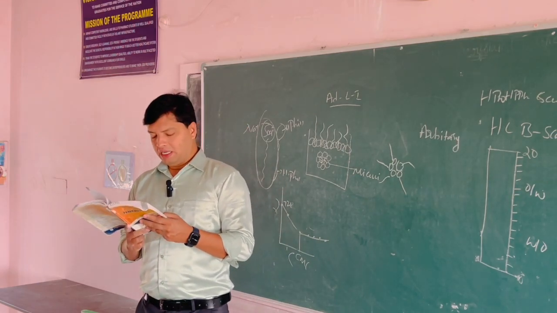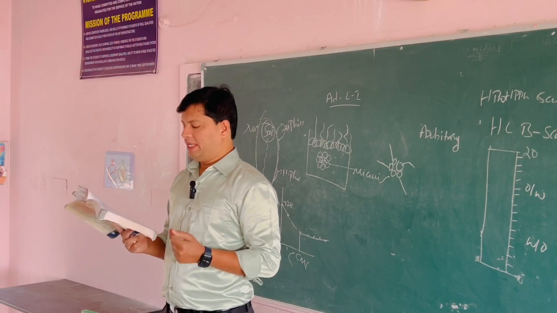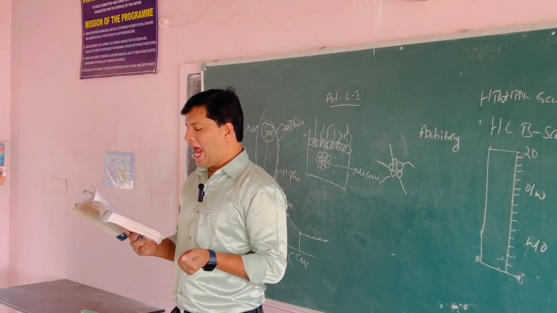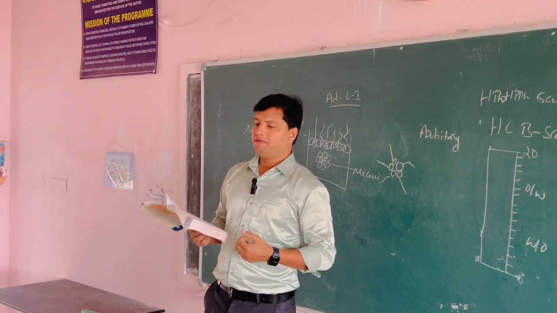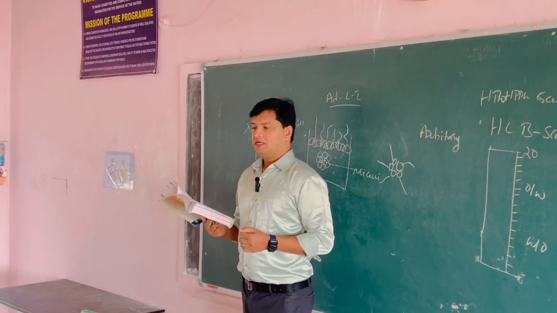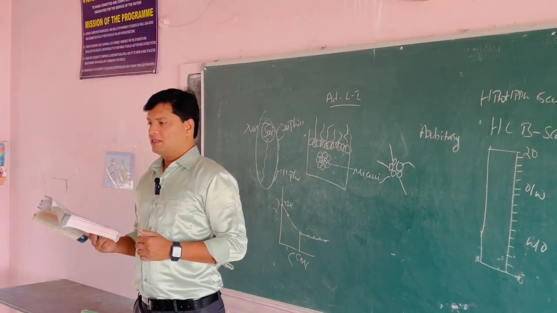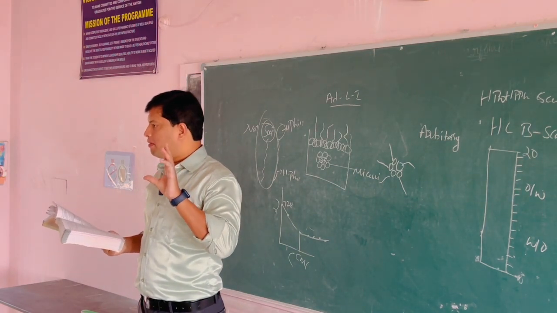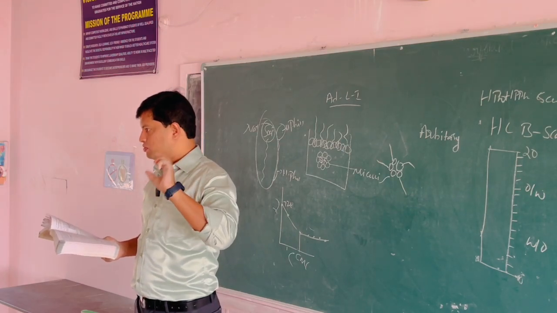HLB is a scale, write down 1 to 3. HLB 1 to 3 is anti-foaming agents. Listen, you prepare a liquid formulation. In that formulation, we say shake before use.